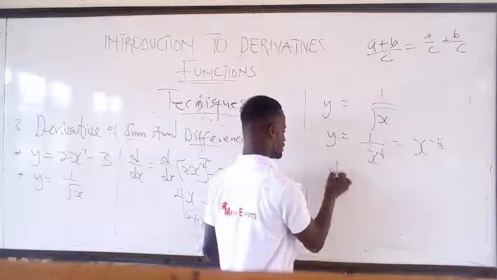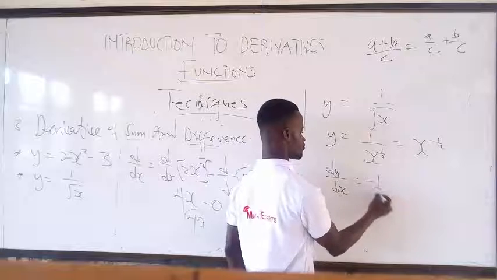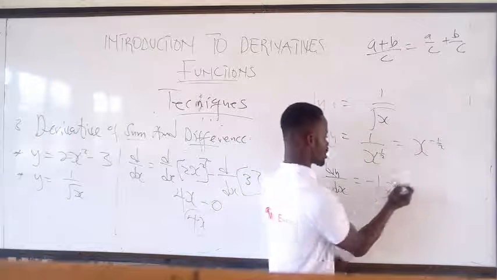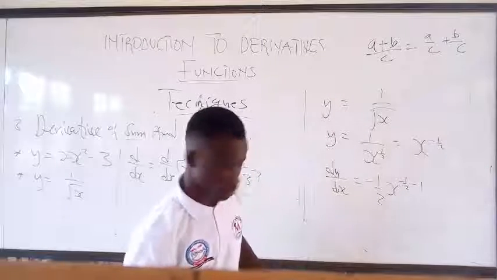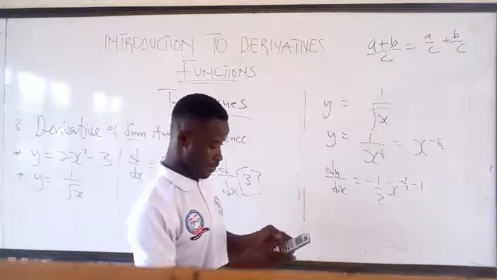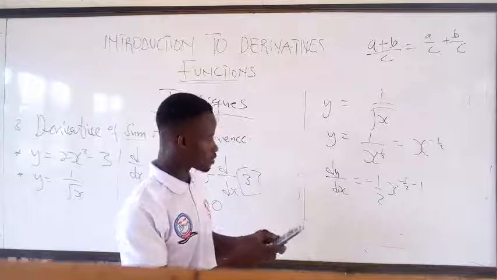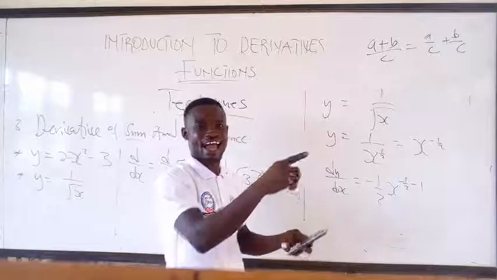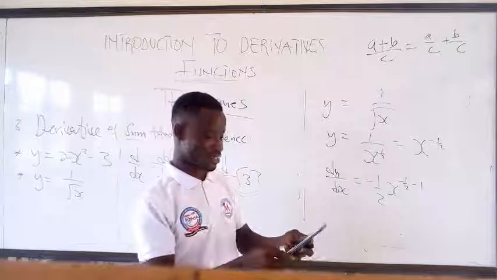Then the dy ds is going to be, the coefficient is 1, so negative half minus 1, and that will give you negative half. I want to point this out so that you don't tell me that what we had from the first solution is wrong. So that formula, that idea is wrong? No, it's not wrong. It's still the same answer we are going to get.